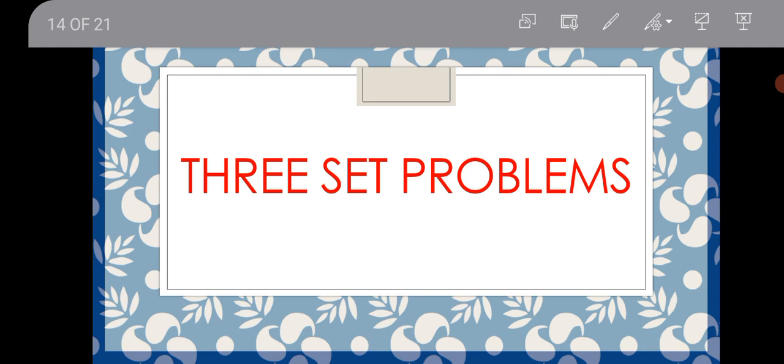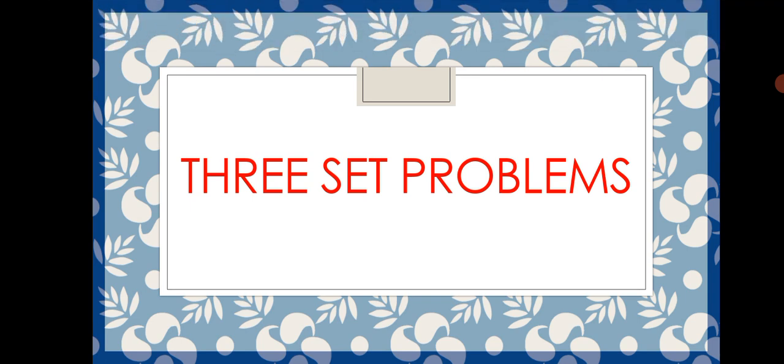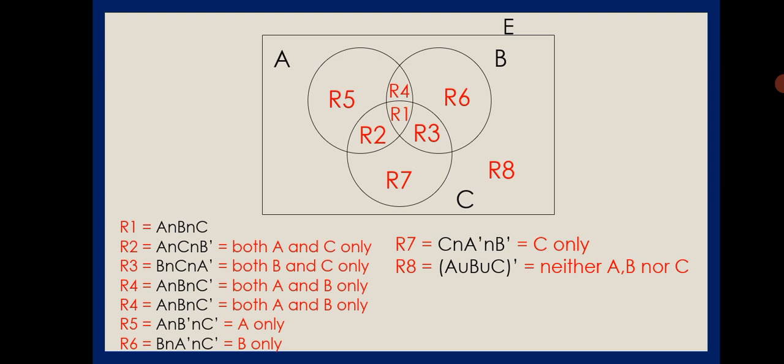Then our 3-set problems. That's what we are doing now. Let's go and start. Emily, you saw the diagram. You're asking yourself, what is this? Remember, it is the addition of the 2-set problems that we have already discussed.